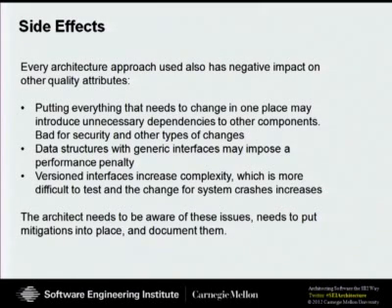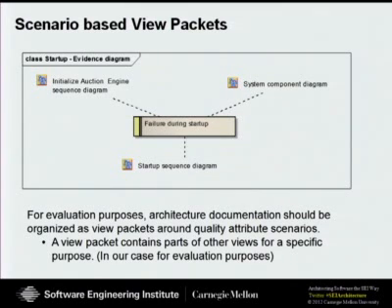That's the next question to ask. So something like, putting something into one place may actually create many dependencies to other components, which might be bad for security, might be bad for other types of changes. There might be a performance overhead that comes with it, those things. But those are the things that the architect has to be aware of.